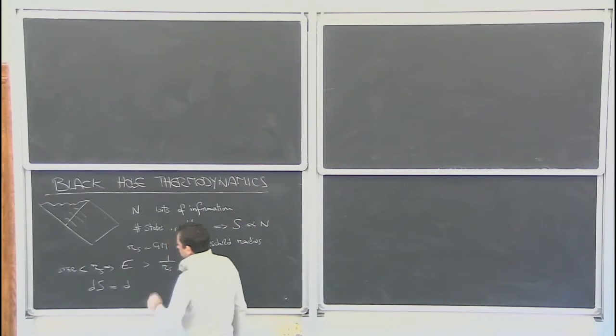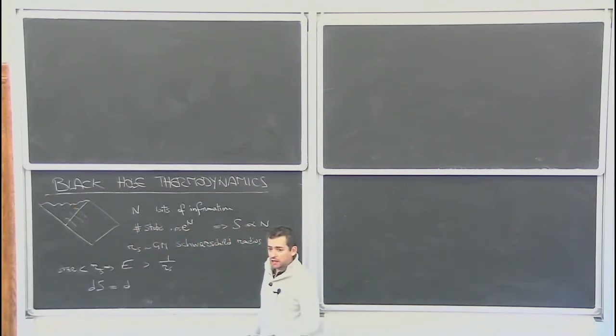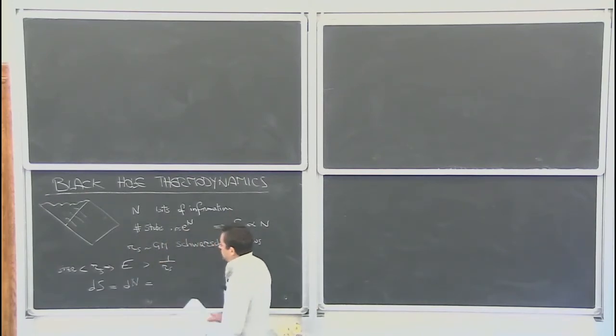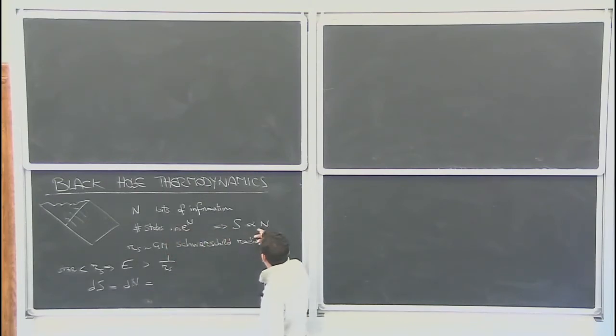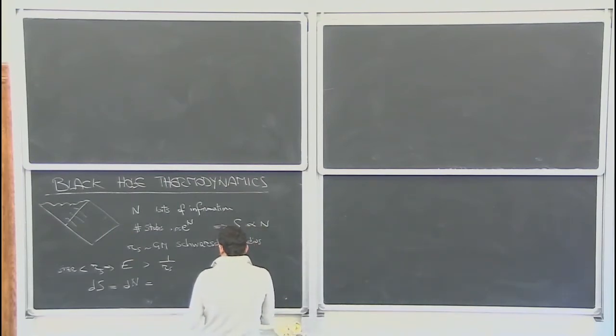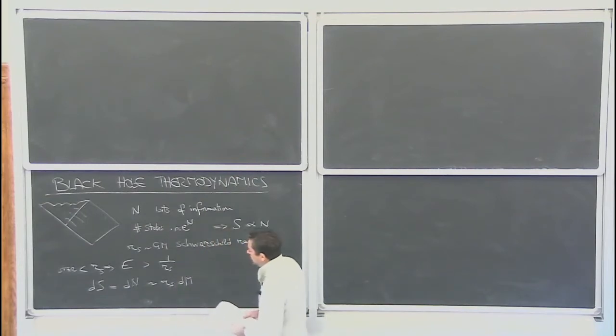So the change in entropy when I throw my quantum of information in the black hole, the entropy changes, possibly. The differential of the entropy is proportional to the variation in the number of states. Sorry, the number of quanta.